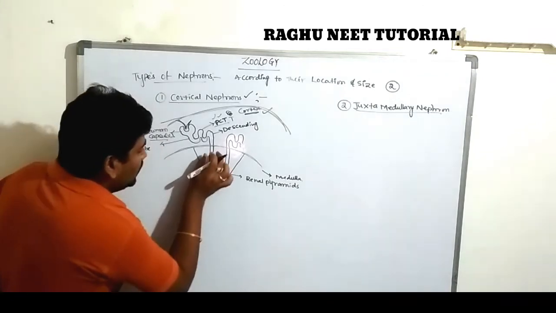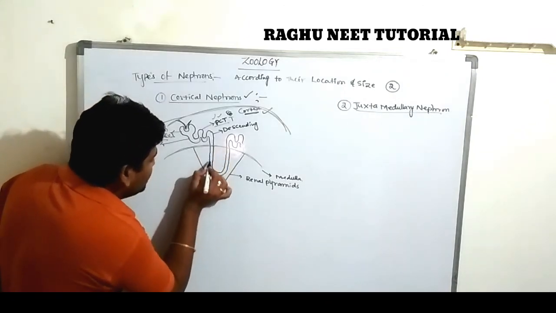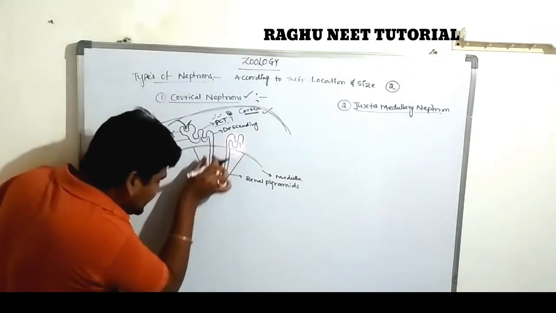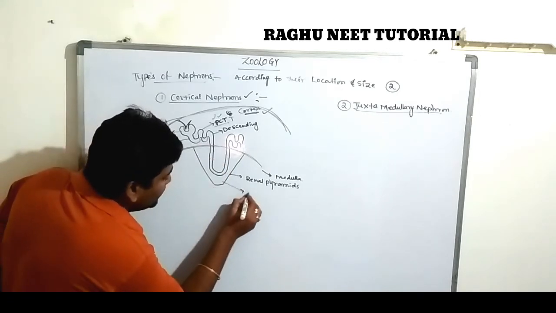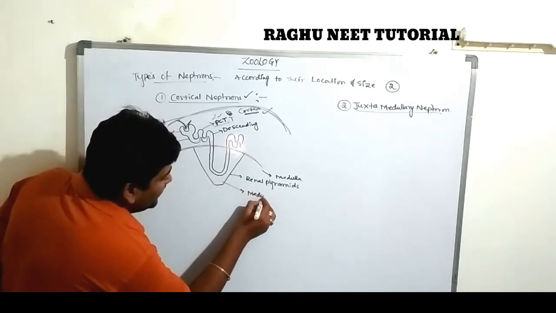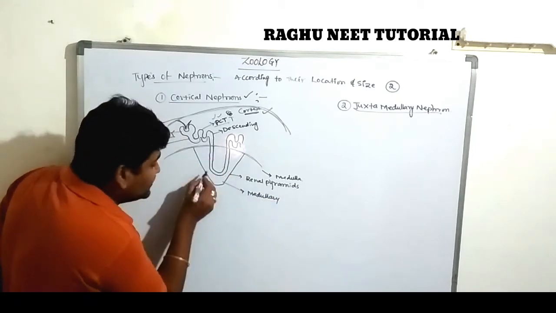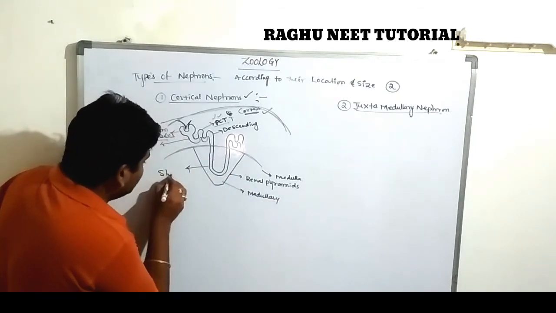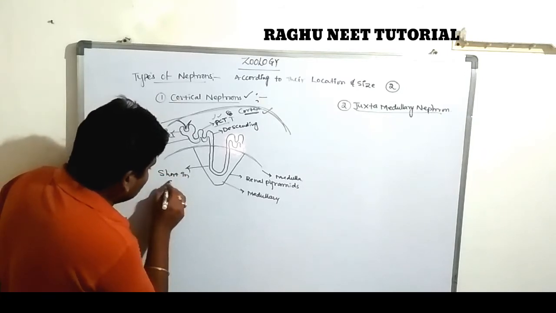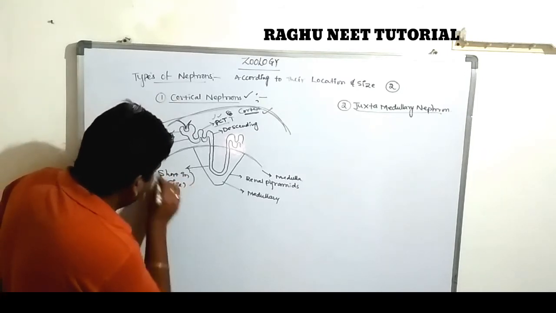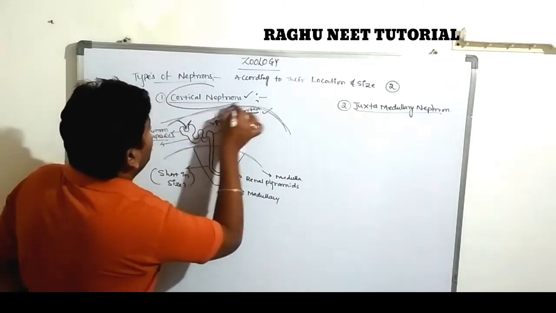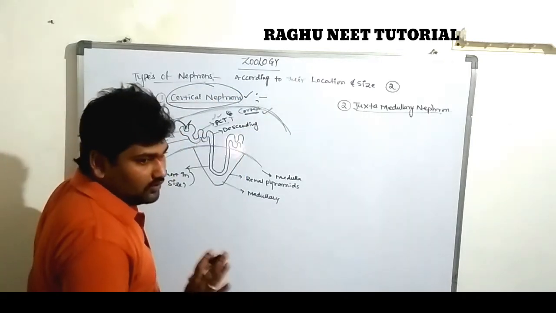Are you clear? So the descending part is very short. The descending part descends into which region? The medullary region. It is very short in size in the cortical nephridia.